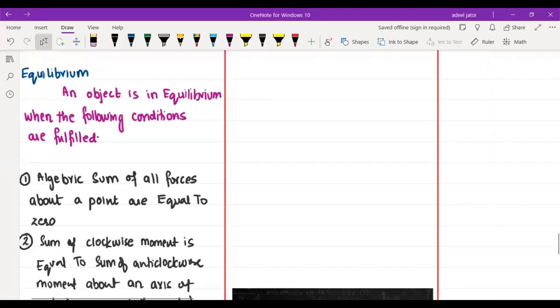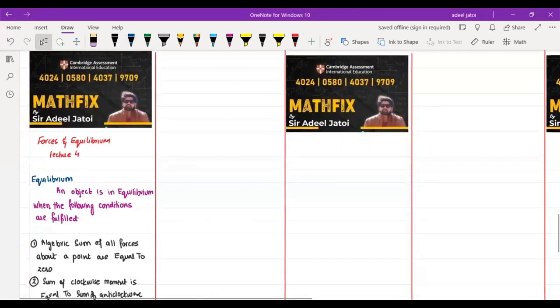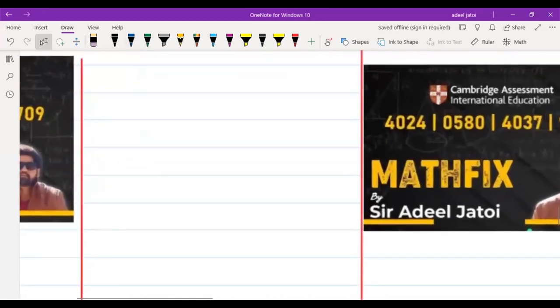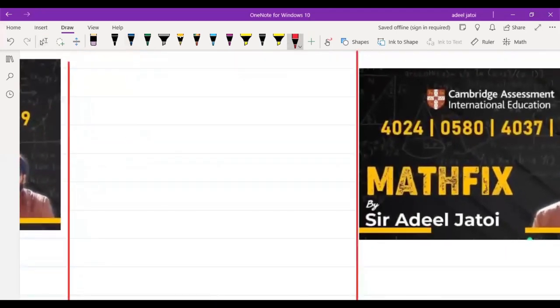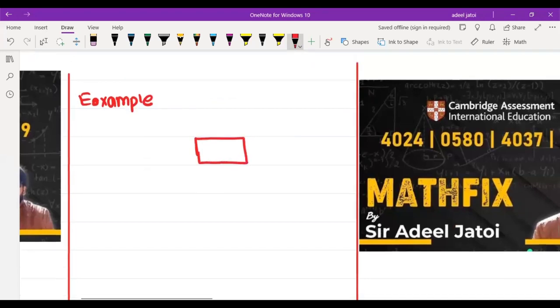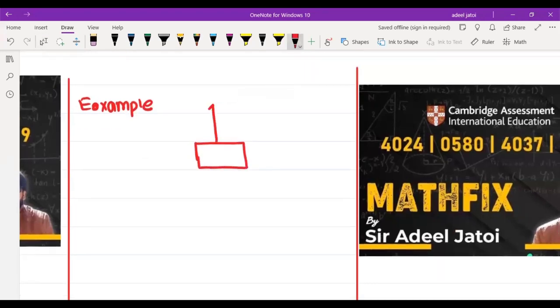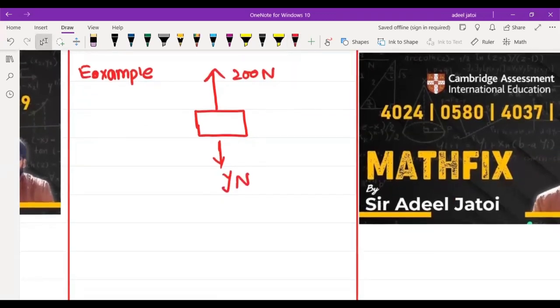So this was your horizontal force. Now let's work on the vertical force. Let's say another example, there is an object, and there is a force acting upwards of 200 Newton, and a force acting downwards, let's take it as y Newton.